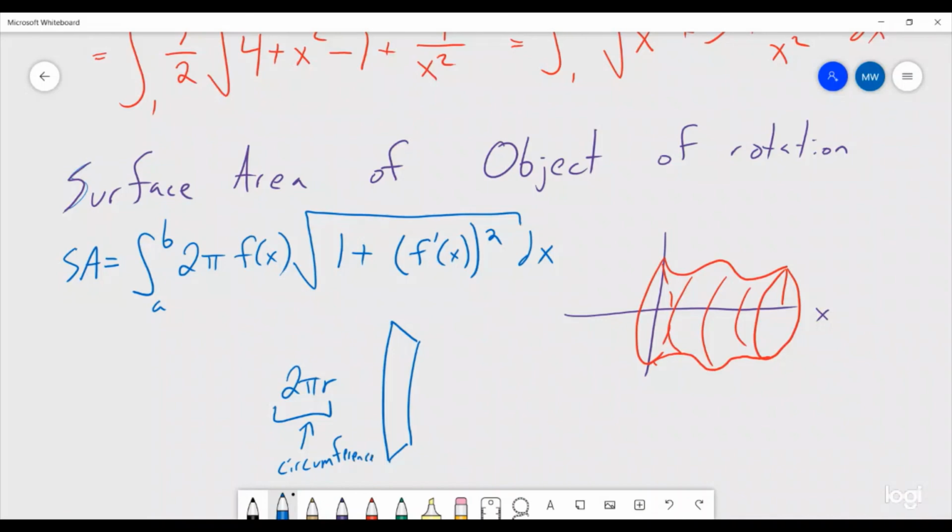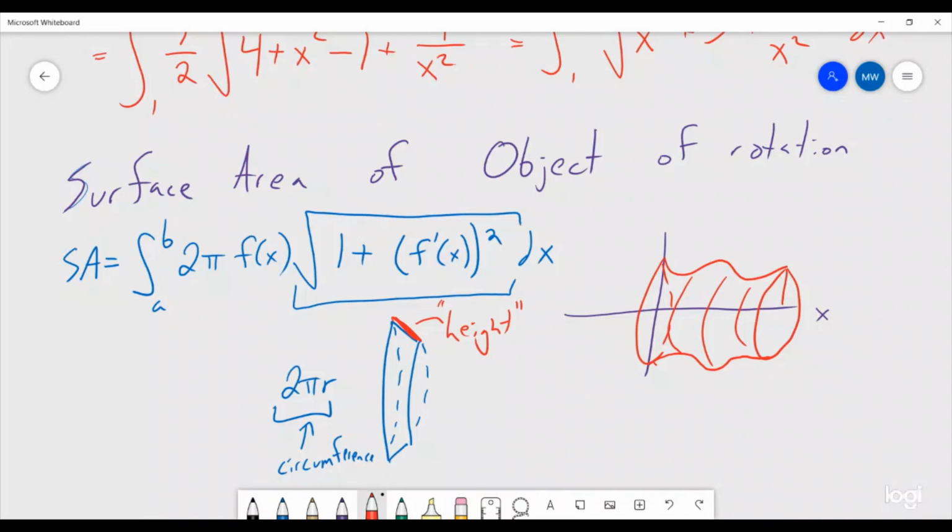That gives us the circumference of these slices. And then we also need our height, which is the length of this segment here. So surface area is just circumference times height. It's adding up the lengths of a cylinder. We're just adding up a whole bunch of cylinders that happen to not be perfectly vertical, and that's where these height things are coming from. And so that's why the surface area is what it is.